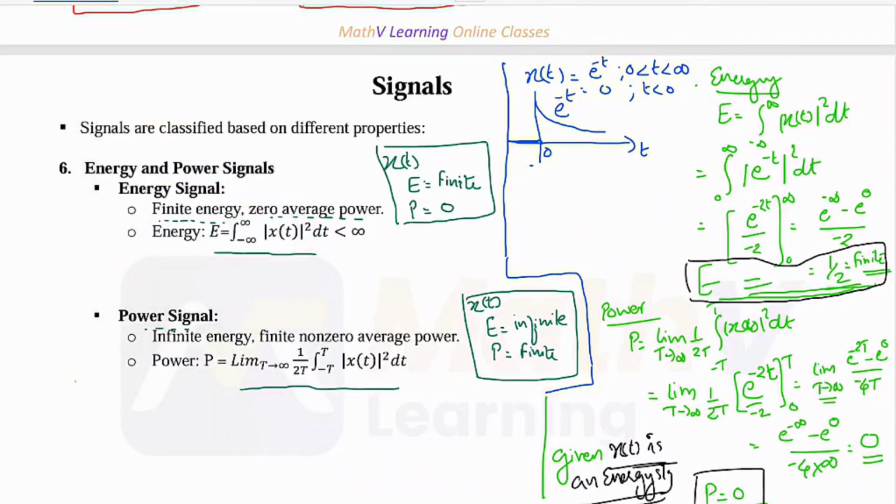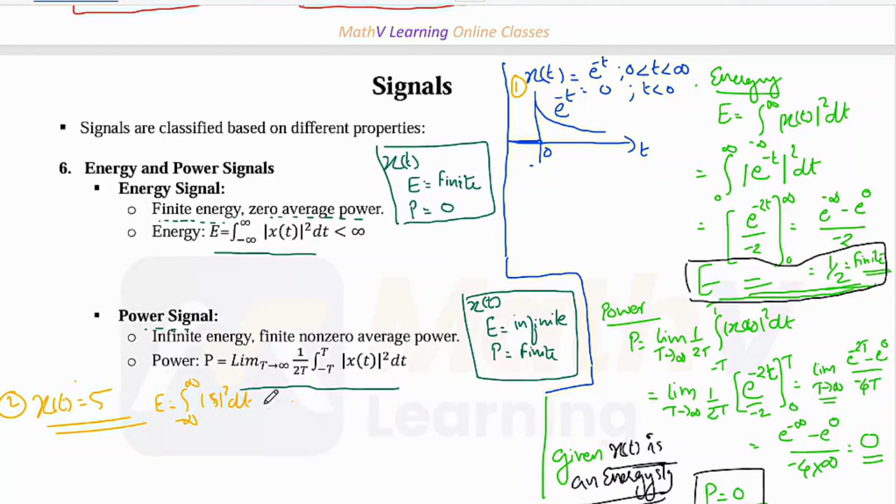Like I have a signal like this, that is x of t equal to 5. x of t equal to 5. That was the first example, this is the second example. Okay, when x of t equals 5, what will the energy be? E equal to integral from minus infinity to infinity of 5 square dt, right? 5 square is 25.